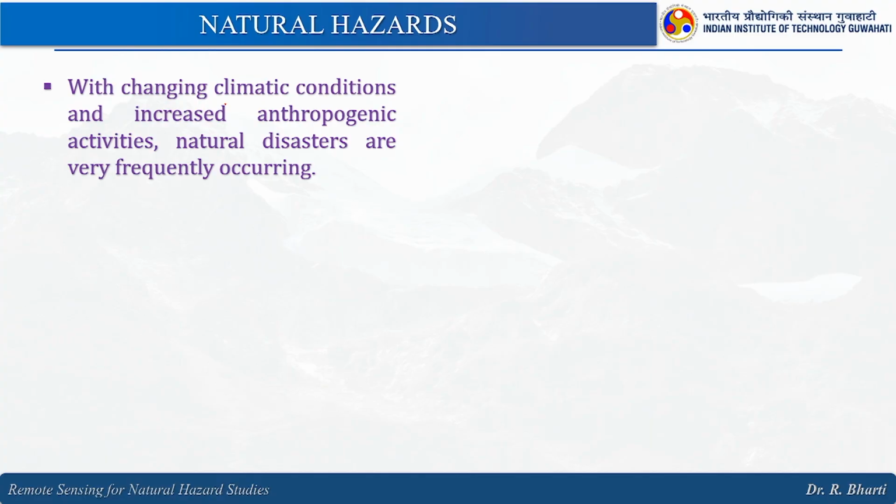With changing climatic conditions and increased anthropogenic activities, natural disasters are very frequent. You might have heard of various types of disasters happening around you, right? And it is because of the increased human activities, anthropogenic activities, and the changing climatic conditions, right?